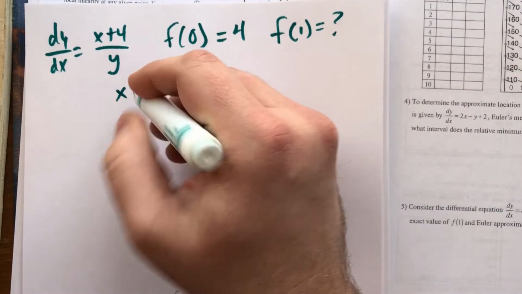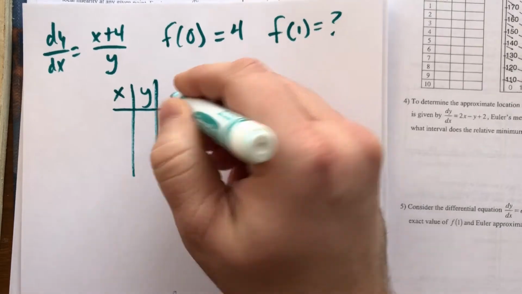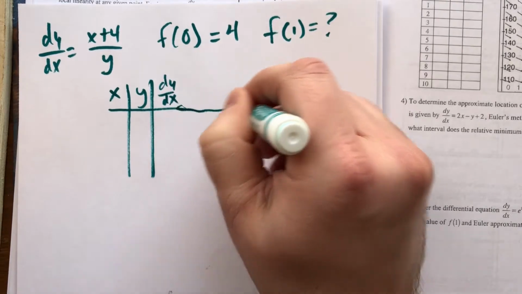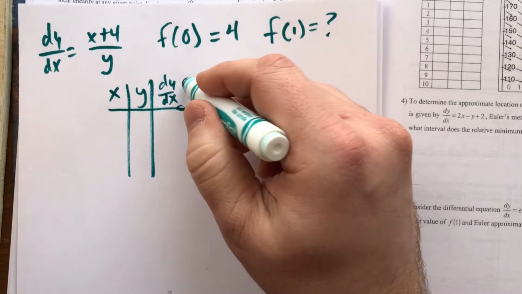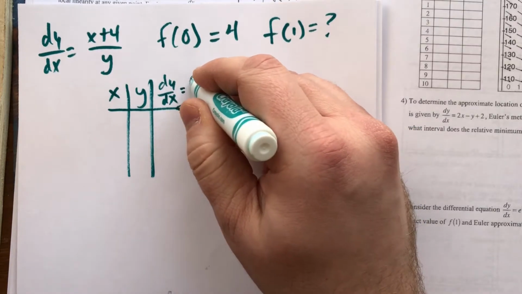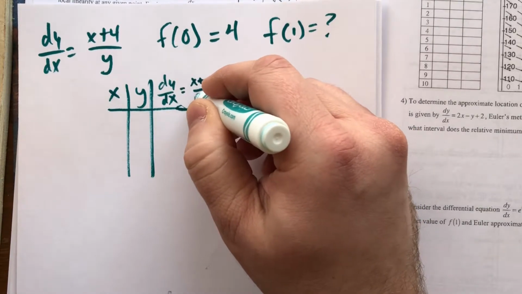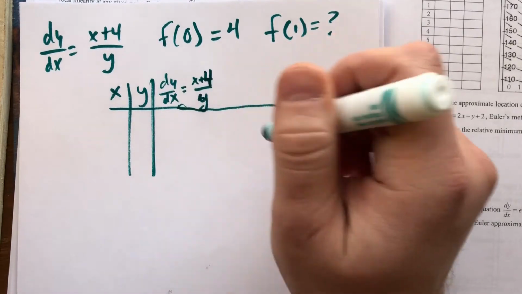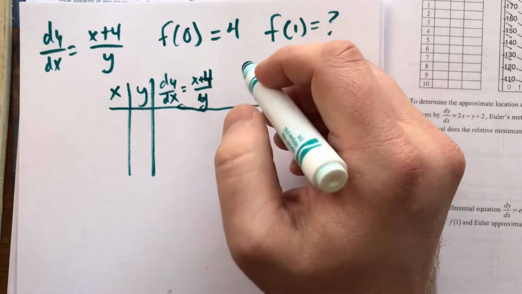So I don't do Euler's method without the table. And I do like to just have all of my pieces in a row. Everyone does it a little bit differently. My 4 and my y look way too similar.